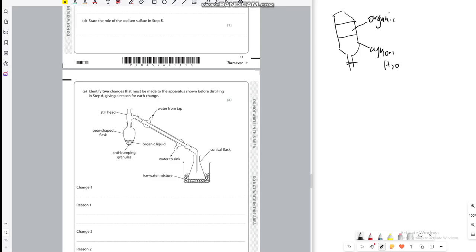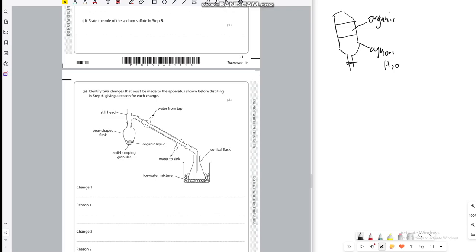So reverse the direction of water flow, so that the water stays for a longer time and fills the condenser, and the cooling process will happen much more efficiently.